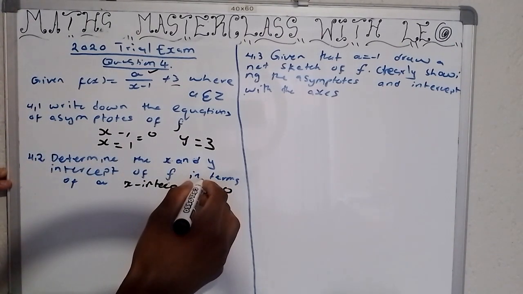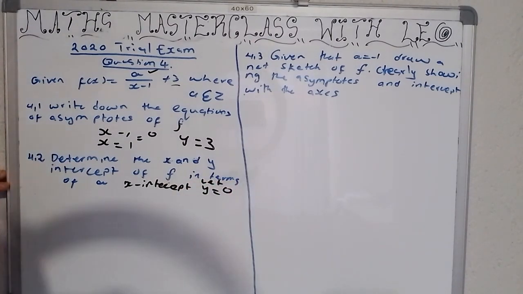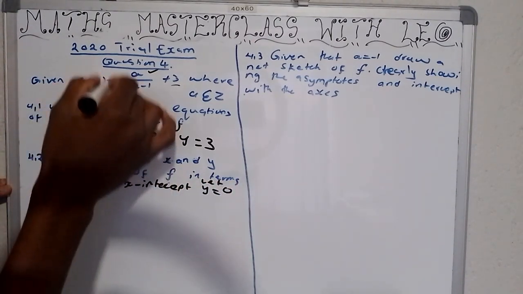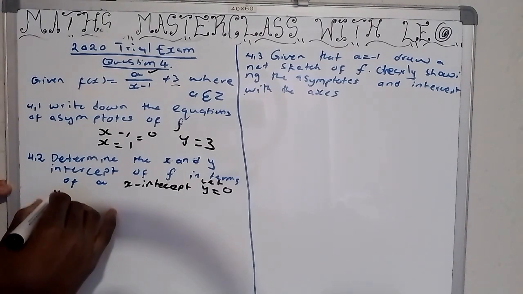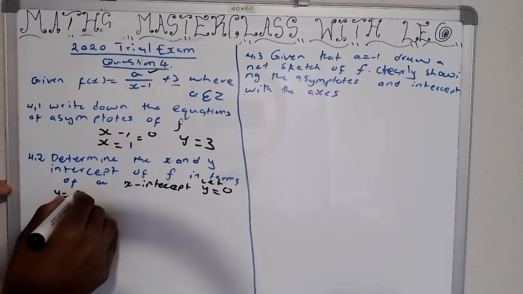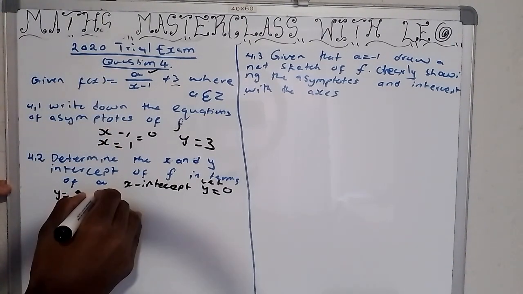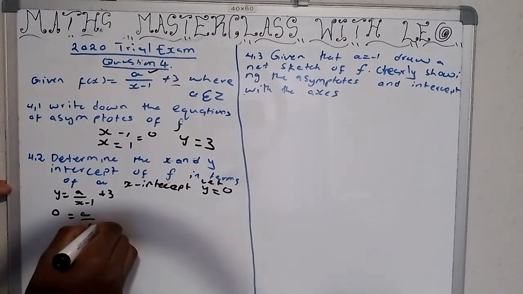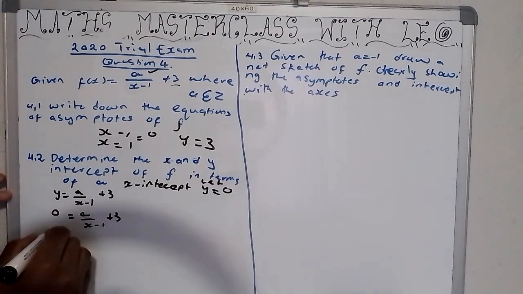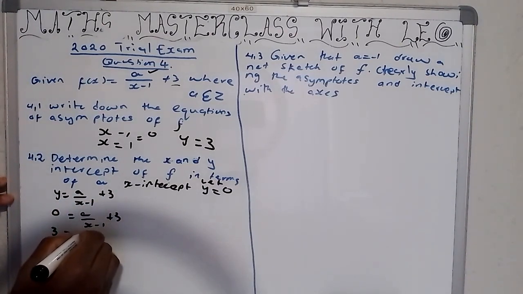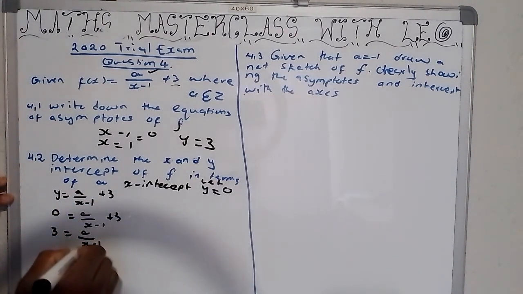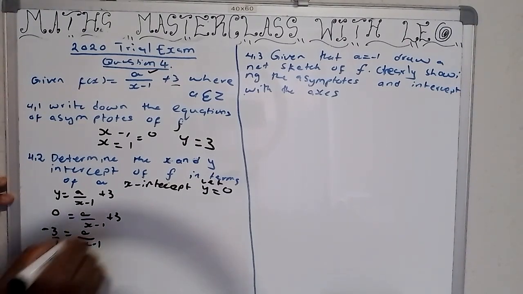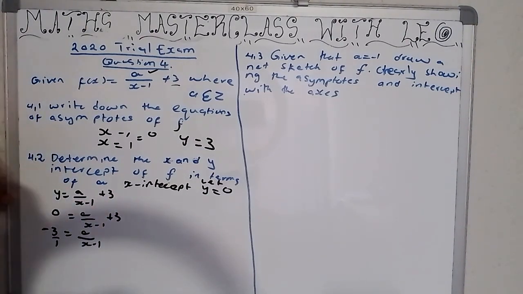Let y equal 0, right? And then, from my equation, y is equal to a over x minus 1 plus 3. So 0 is equal to a over x minus 1 plus 3. Take this 3 to the other side. Negative 3 is equal to a over x minus 1, because when it comes to that side, it's going to be negative.